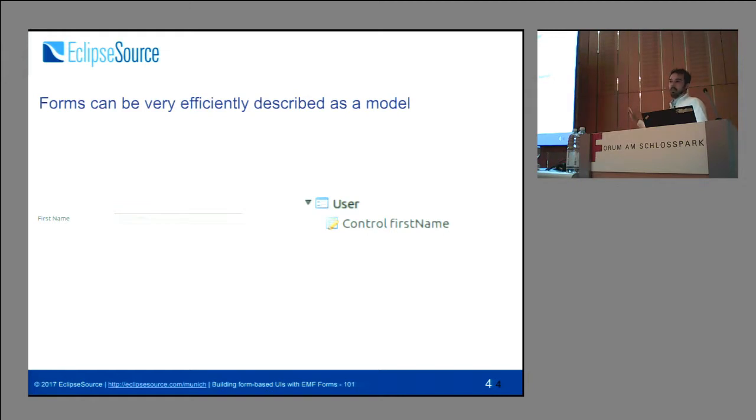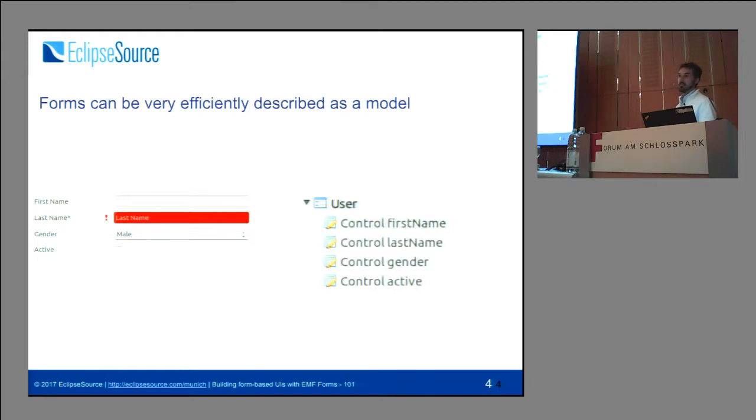The framework can do that for you. So what we see on the right side is a very simple declarative format introduced by EMF Forms, in which you can describe your forms instead of manually coding that. And that scales also very well if we take the same example, just 4 controls in a row. In our declarative model it would look like this. So we just need to specify which attributes are shown there.